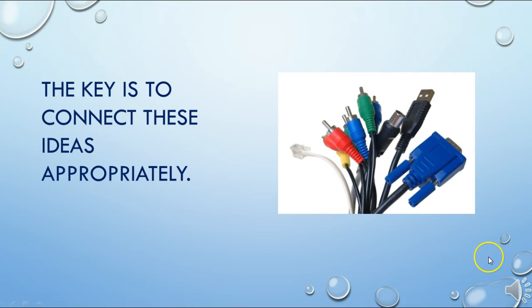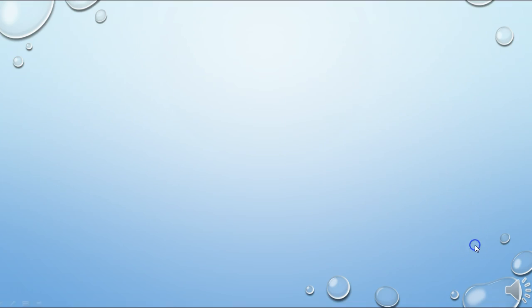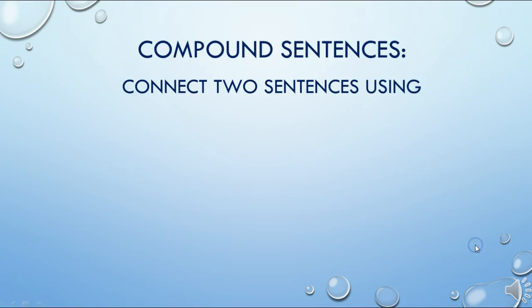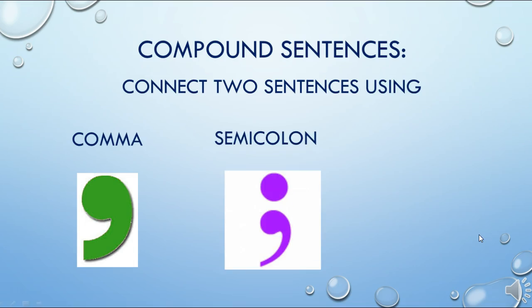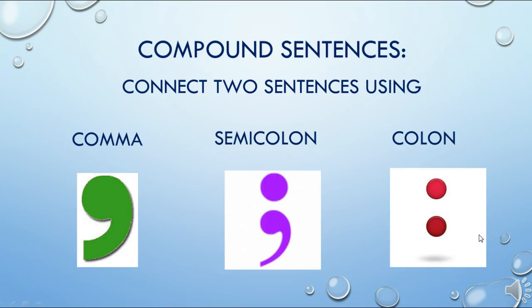The key is how we connect them appropriately using punctuation that allows our reader to get the connections between ideas. So let's take a look at a few items. We can connect compound sentences using commas, semicolons, and colons. And it's been my experience that students struggle most with these two right here, though there are some common errors around commas.